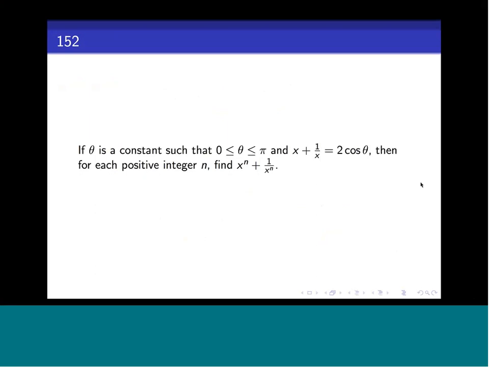Is that right, everybody? It said to find it in terms of n and theta, right? Yeah, it has to be that.